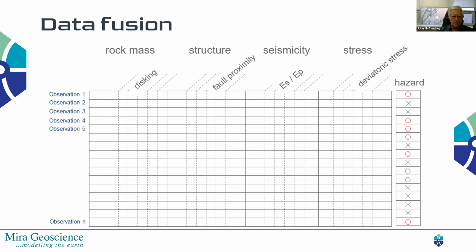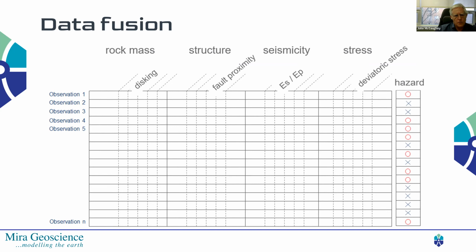For example, a ground fall or a rock burst, or if it's an open pit mine, it could be a pit slope failure. The rows of this table are the individual observations, and those observations are all at some 4D point. So an X, Y, Z, T at each observation.